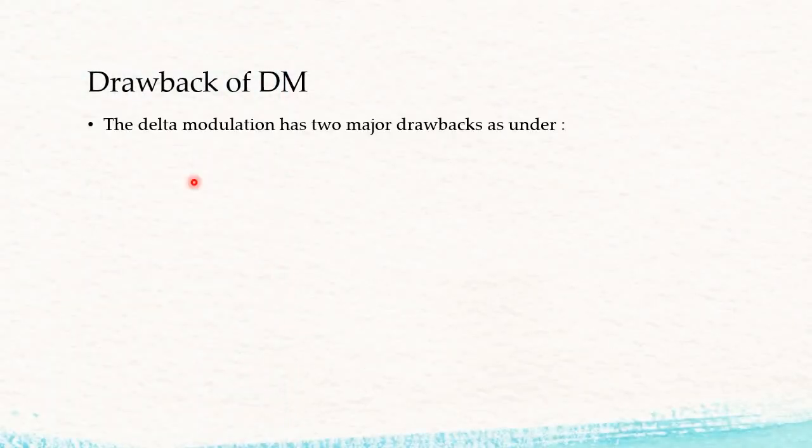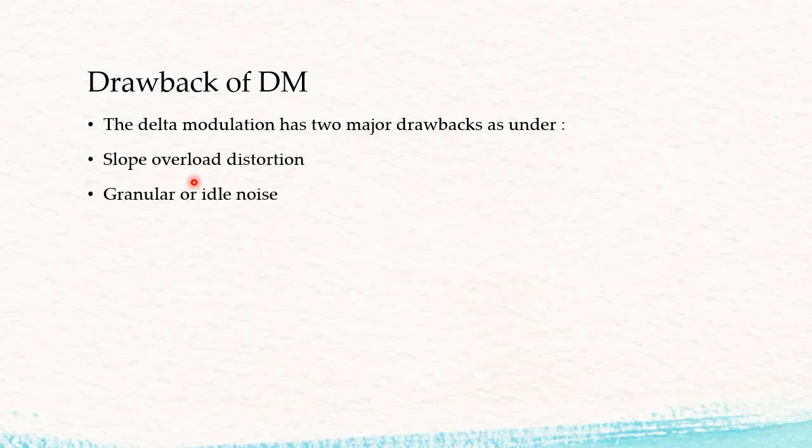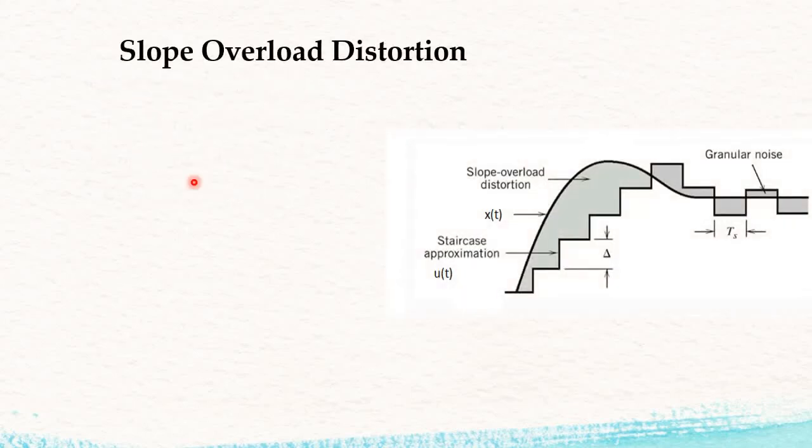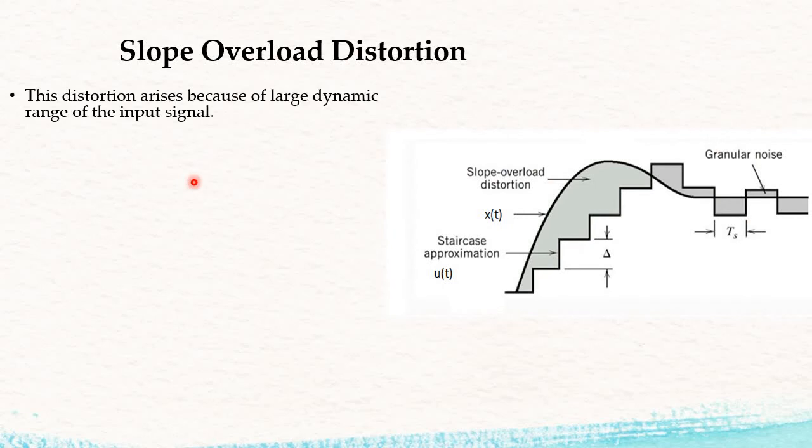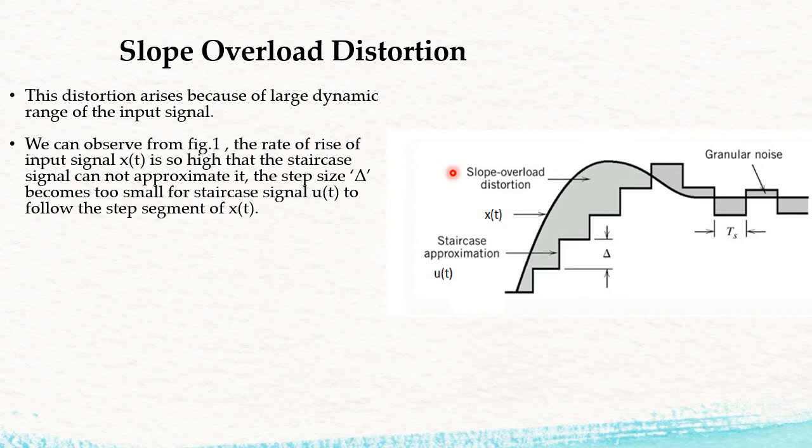Then the drawbacks of DM. So the delta modulator has two major drawbacks: first, slope overload distortion, and second, granular or idle noise. Now what is slope overload distortion? This distortion arises because of the large dynamic range of the input signal. Now we can observe from this particular figure that the rate of rise of the input signal x of t is so high that the staircase signal cannot approximate it.